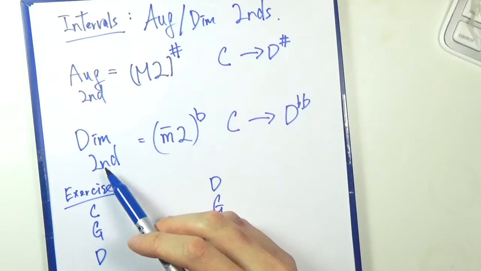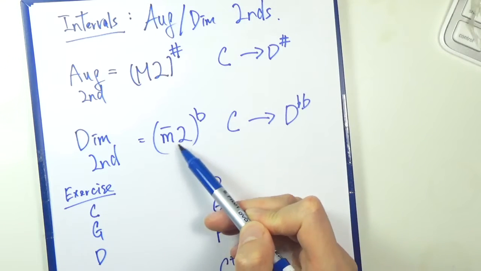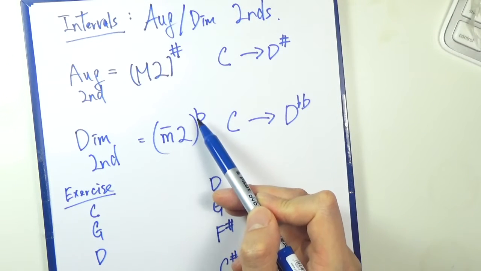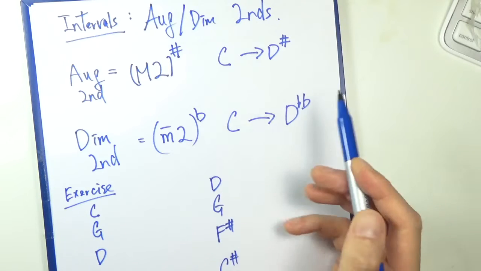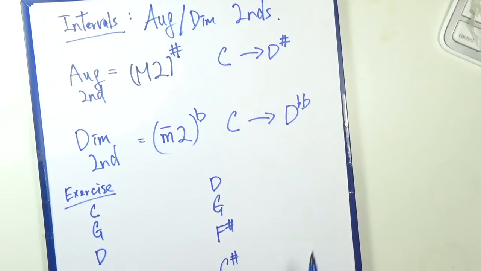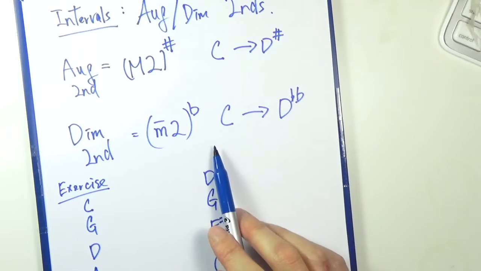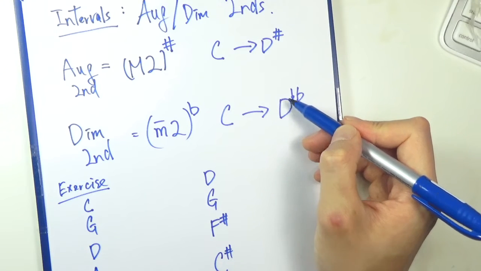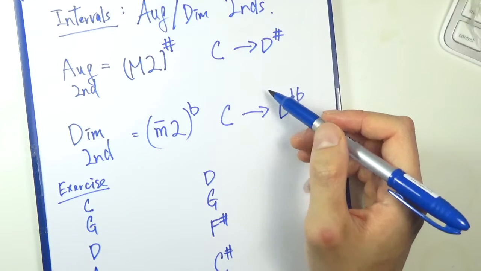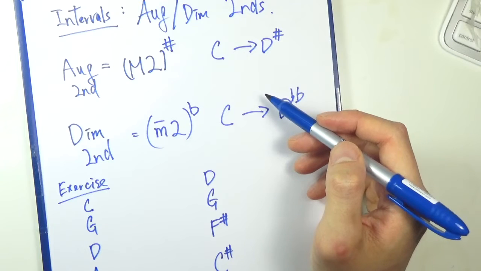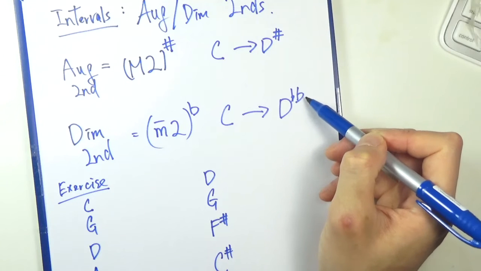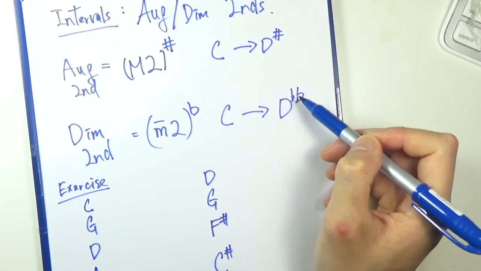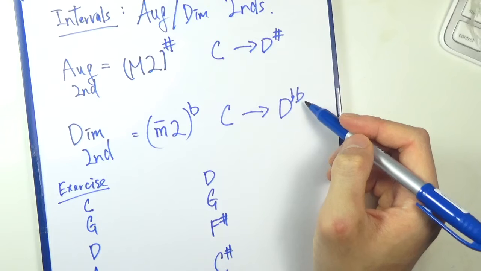For a diminished second, you grab a minor second first and you flatten that by a half step. For example, with a starting note C, you get the D flat first. That is your minor second because they are a half step apart. To get a diminished second, you put another flat there and flatten that further, and you get a double flat.